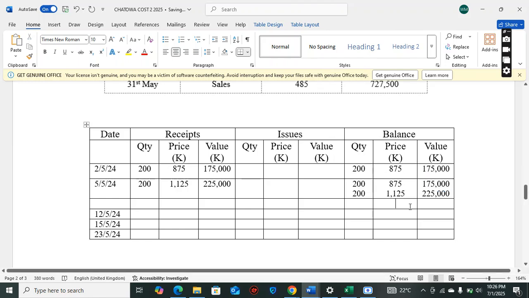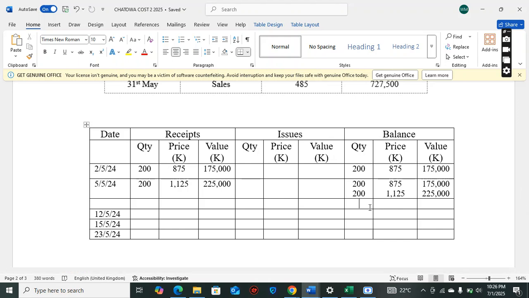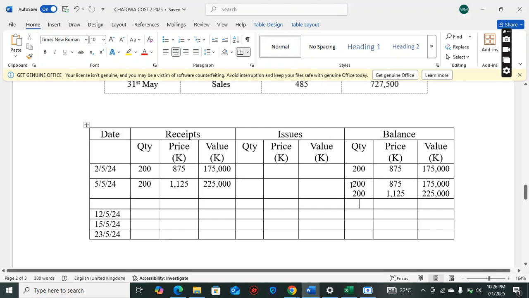The average cost is just the total cost of the inventory divided by the number of units you have. So 200 plus 200, we have a total of 400 solar panels. What's the total value? 175,000 plus 225,000, what do we get?